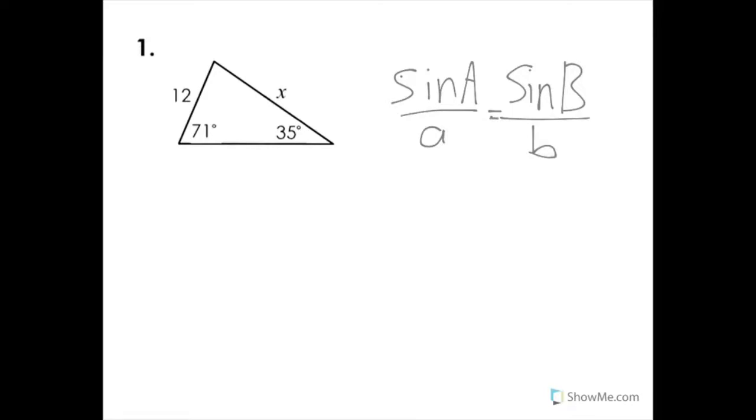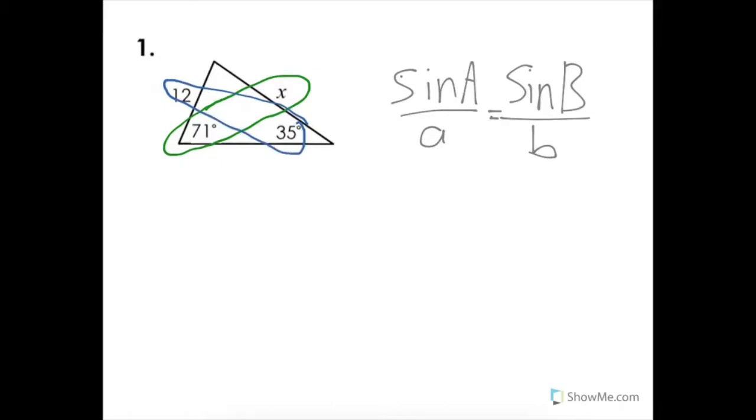So when using the law of sines, you need an angle and the side that it is directly across from. So here's an angle, and then this would be the side that it is directly across from. So that's going to give you 1 fraction, and then you need another set. So angle, side that it's across from.